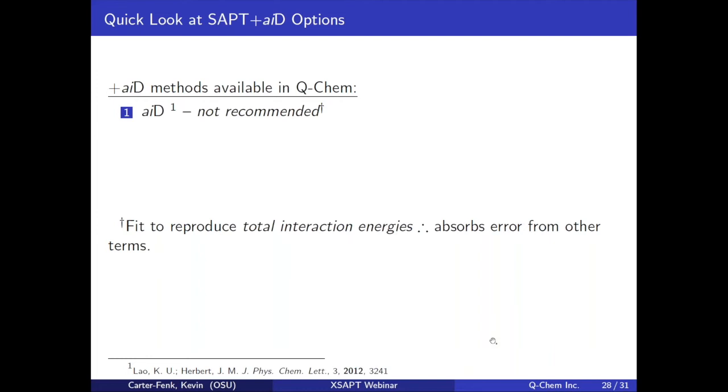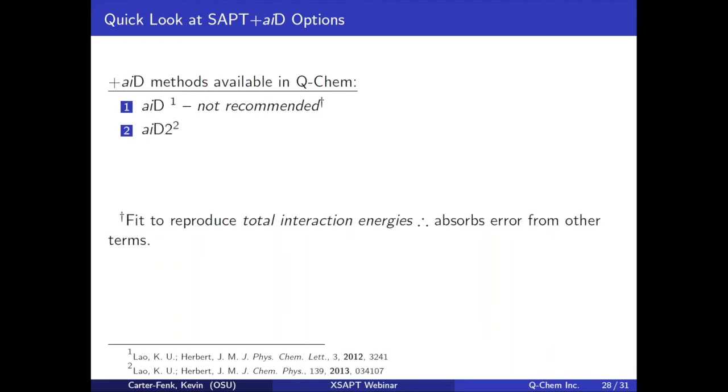So that's the first generation empirical dispersion correction that we introduced, and that is not recommended because it was fit to reproduce total interaction energies and not to reproduce SAPT dispersion. So therefore it absorbs errors from other terms. So it can't be really trusted to represent SAPT dispersion.